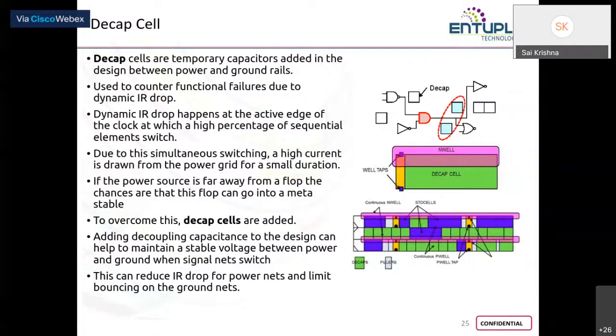Because when you have a long net for your power or ground, there will be a certain drop compared to what is being given as input because of the parasitics. Also, if there is too much switching happening, even because of that, there could be IR drops. So to cope with it, you use decap cells.